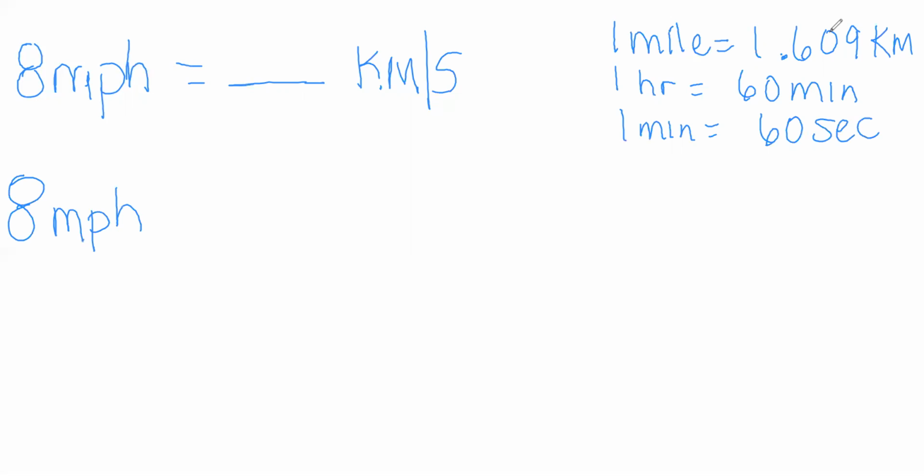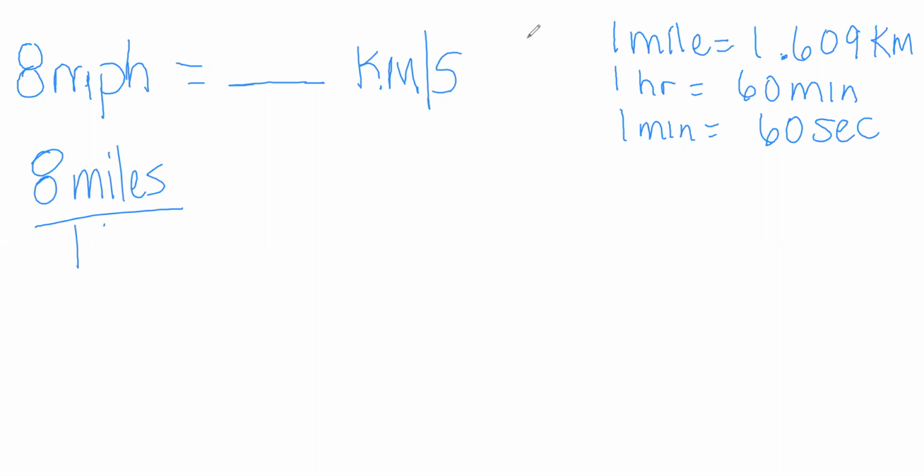Okay, but the way I like to write this is not that way, so let me erase that. The way we like to write it is 8 miles for every 1 hour. All right, we got to multiply that by something. We got to get rid of the miles. You're trying to convert them to kilometers.